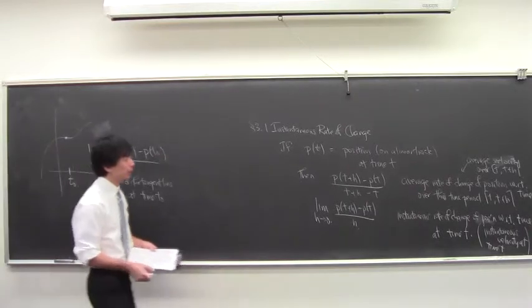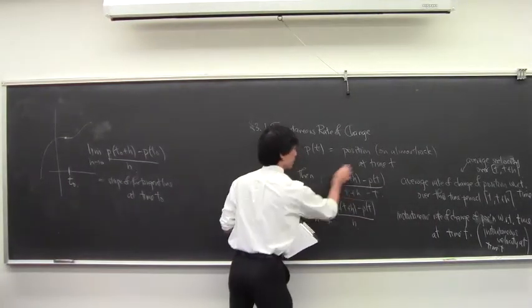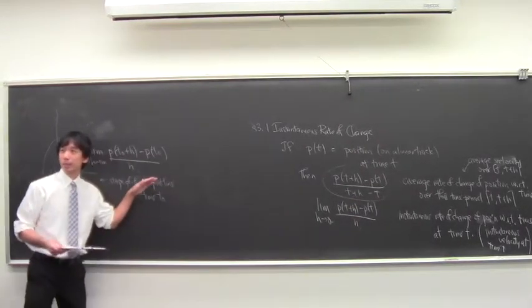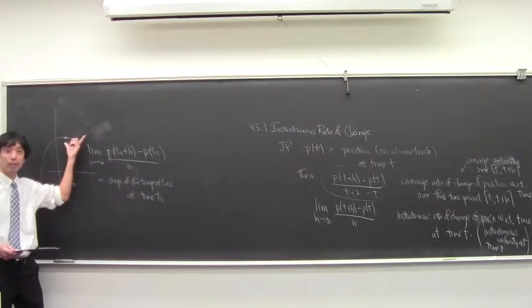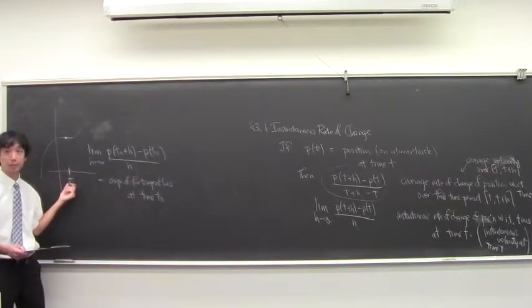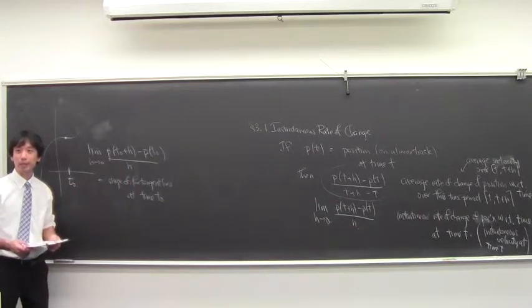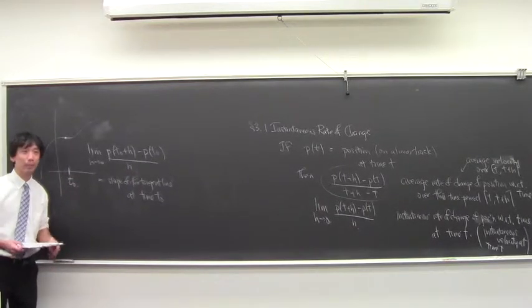Each of those guys was the slope of a secant line, and then you take the limit of the slopes of the secant lines, and you get the slope of the tangent line. That's basically what we did last time.